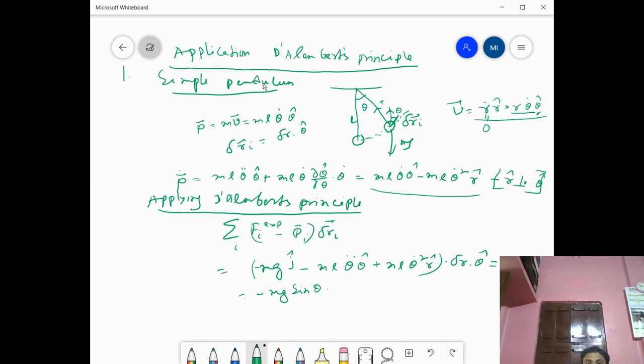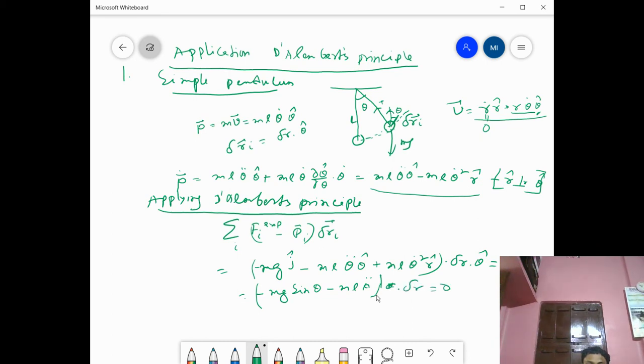And this will be ml theta double dot, and this r cap and theta cap, since perpendicular, the dot product will also be 0.